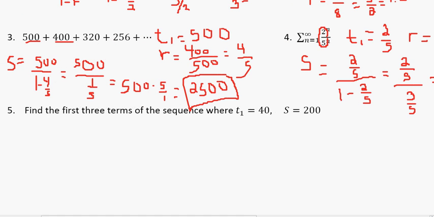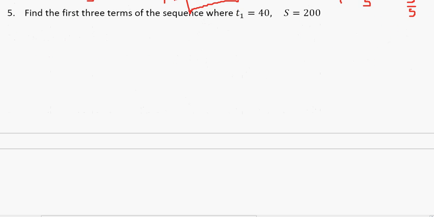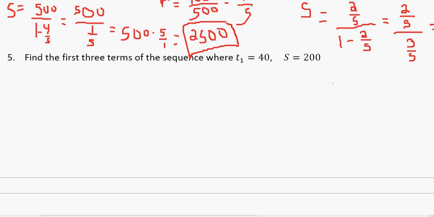And lastly, one more problem. Write the first 3 terms of this sequence where t sub 1 is 40 and S is 200. Okay? In this case, we're looking for r. We don't have r. So we know our formula is S equals t sub 1 over 1 minus r.